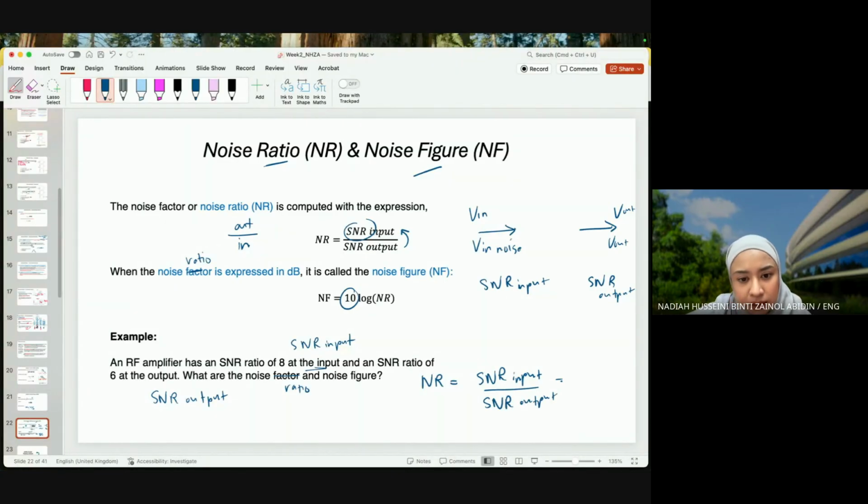So input is 8 and output is 6. And then the noise figure, NF, is just 10 log of 4 over 3. Whatever that is, this is going to give you in dB, not dBm. Okay, I forgot to put this somewhere.